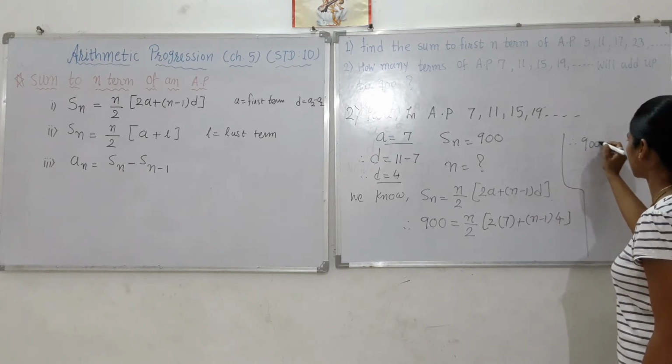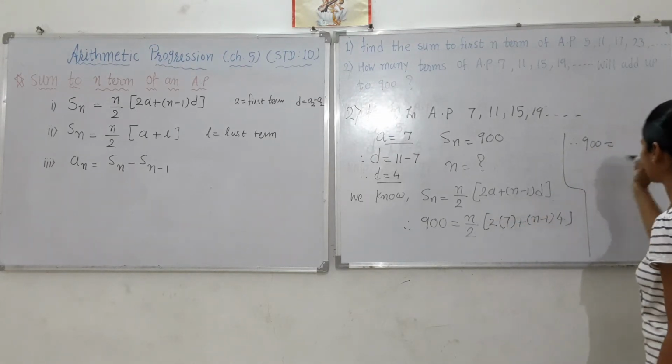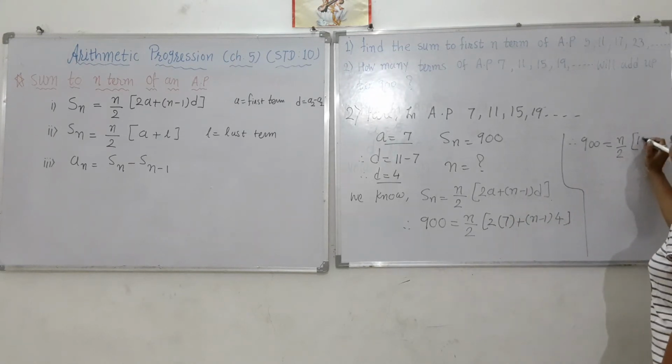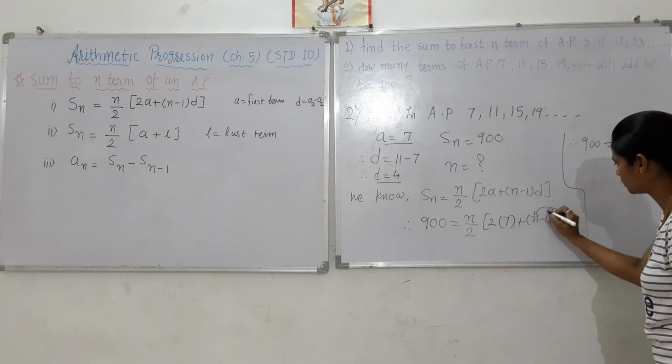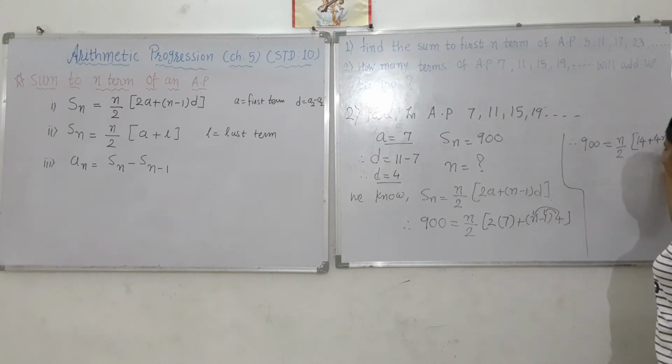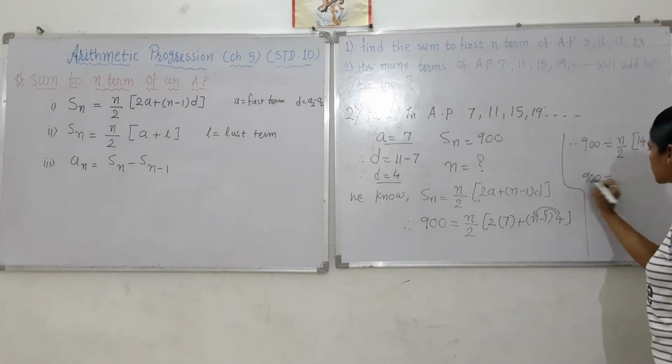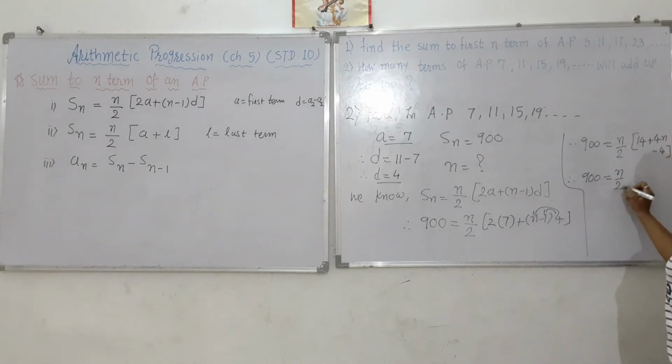So 900 is equal to n by 2, 2 sevens are 14, plus multiply 4 inside, so 4n minus 4.